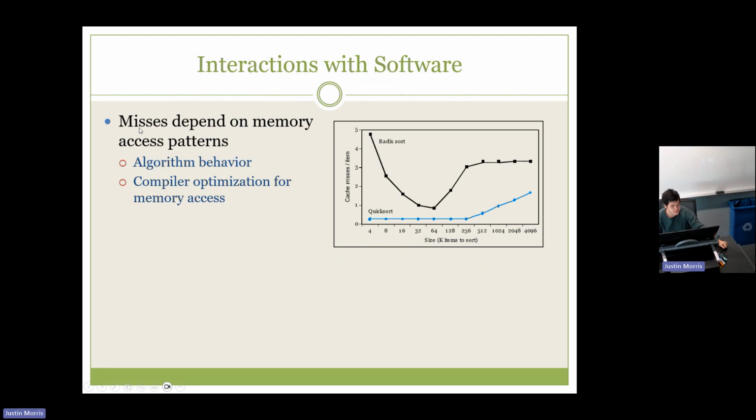So your misses in caching are going to depend on the memory access patterns. And memory access patterns are determined by your algorithm's behavior. Am I streaming data? Am I randomly accessing data? And also, does the compiler optimize for memory access? And the other thing is the programmer can also optimize for memory access.